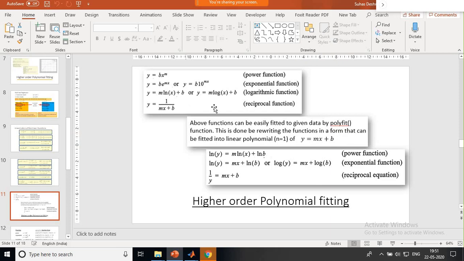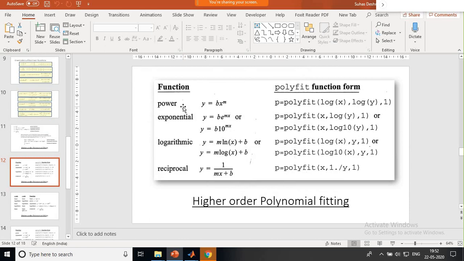These are the ways you can convert into linear. The power function, exponential function, logarithmic function, reciprocal function, all these functions are converted into linear equations here. Once we are done, you can look into MATLAB to see how we can do it.